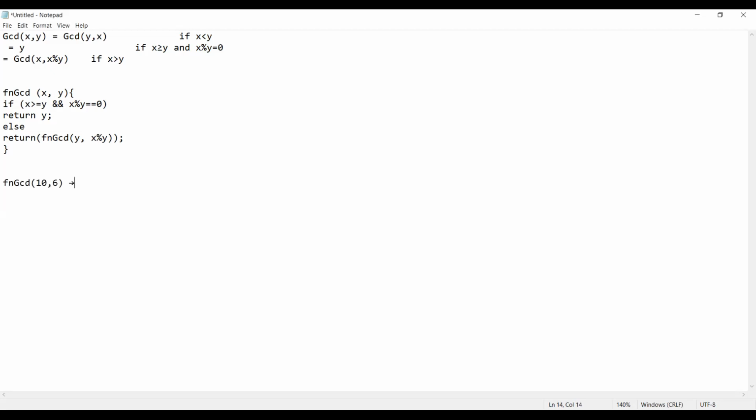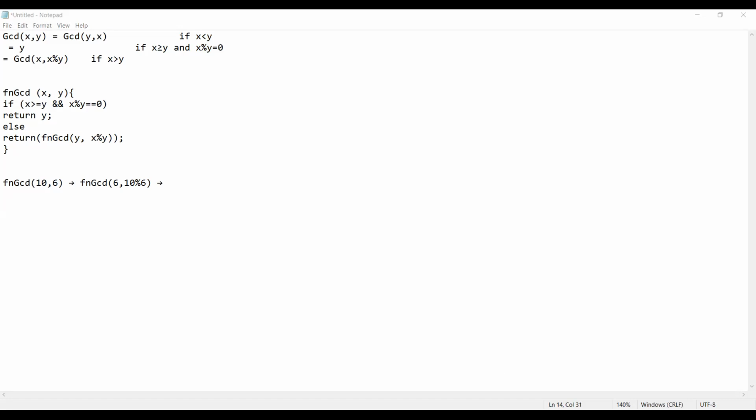As x is 10 and y is 6, according to this function block, it becomes fn GCD(6, 10 mod 6), which goes to the next block. I write this down here. Then after that, it will become fn GCD(4, 6 mod 4).